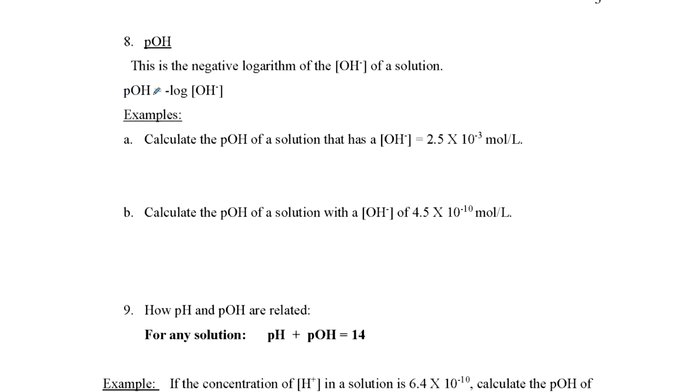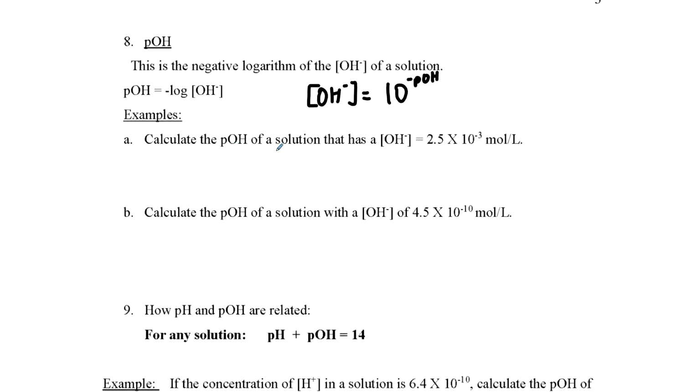So pOH is the negative log of the hydroxide ion concentration. So another way to look at that is OH negative concentration is equal to 10 to the power of the negative pOH value.